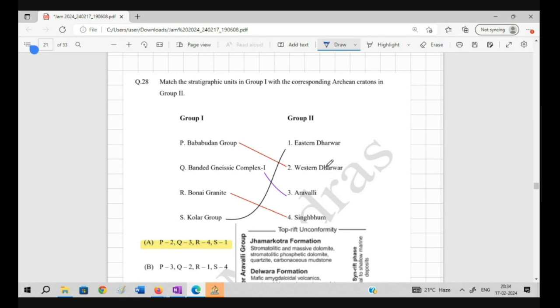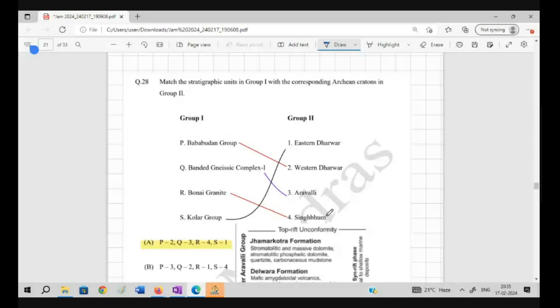In the western block, the Baba Budan and Chitradurga formations are found. Now the banded gneissic complex, BGC 1 or 2, both are found in the Aravalli formation. And the Bonai granite is found along the Singhbhum craton itself.